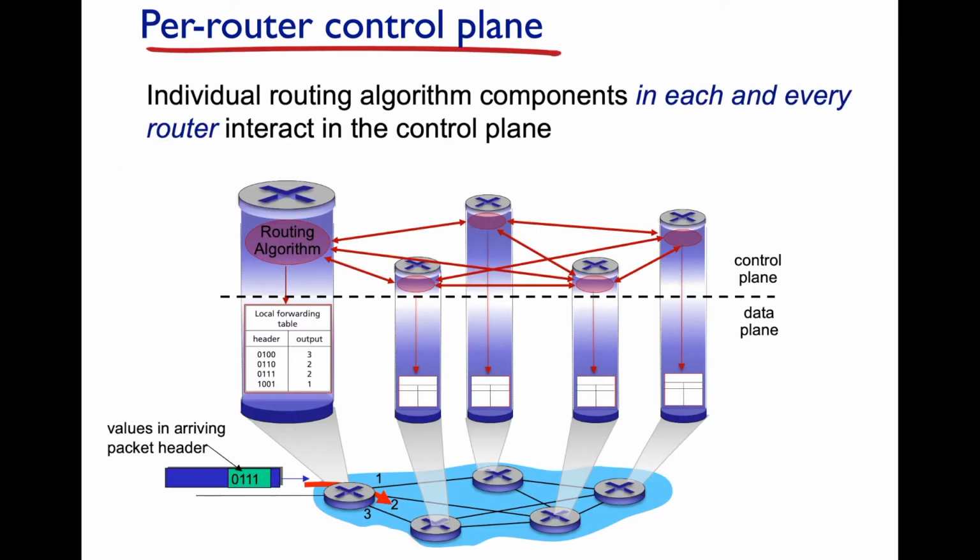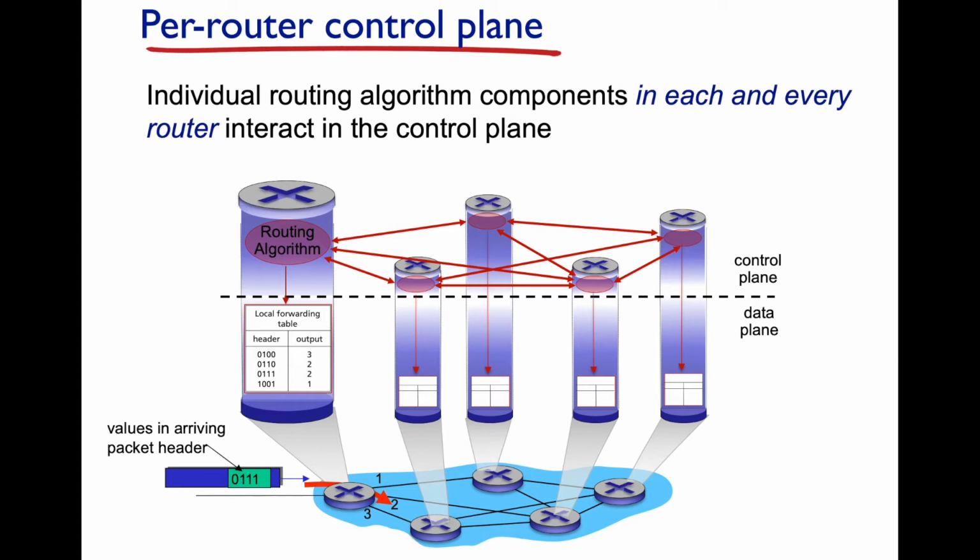And let's take a look at the first approach, the so-called traditional or older approach, where you have a per-router decision being made. And so here there are a bunch of pieces of information. We have our datagram arriving into the input port on the router. And inside of this router, if we blow that up, you have what's called a local forwarding table. And this is the table that we referred to.